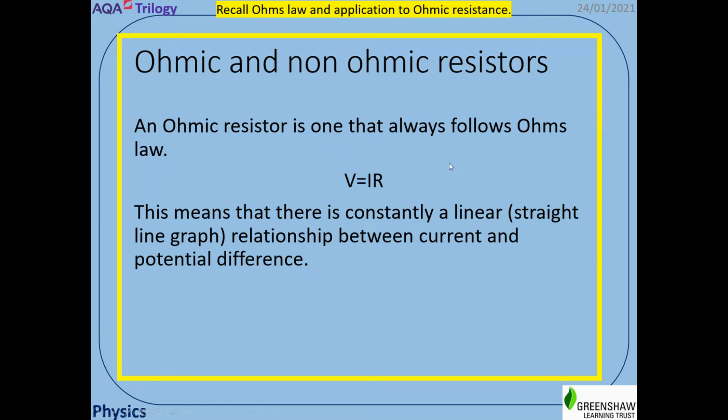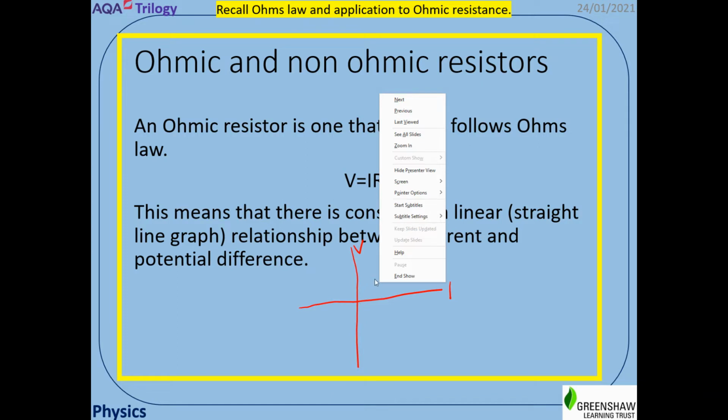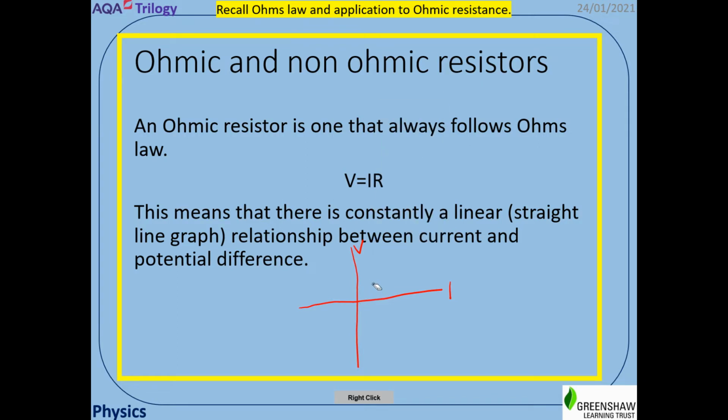And what we mean by that is that when we plot a graph of voltage against current, we're going to put voltage on here, we would expect to see a graph going through the origin, the origin being this part in the centre, so I would expect to see it being a straight line graph. Now, its gradient could potentially be different.